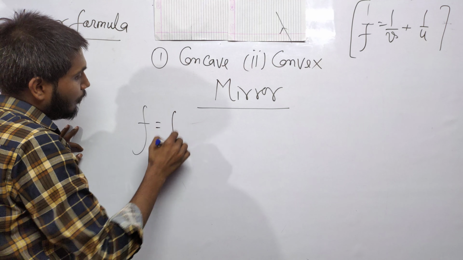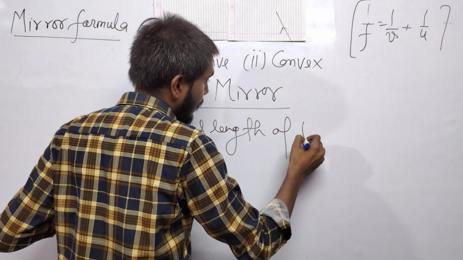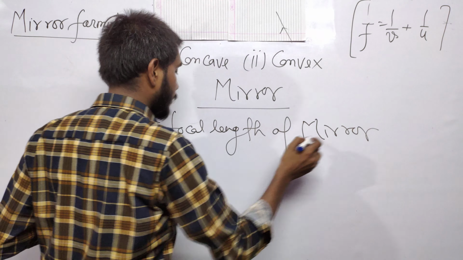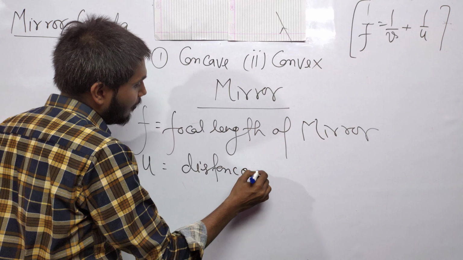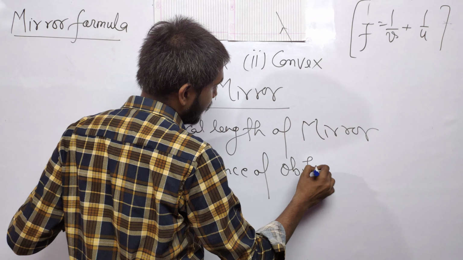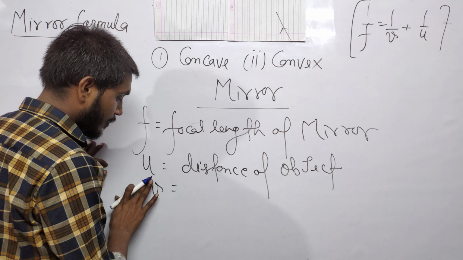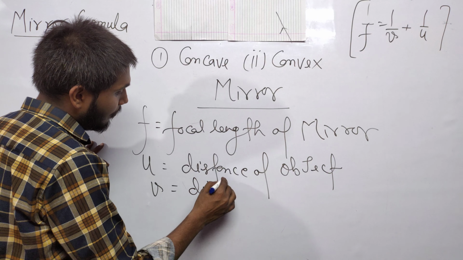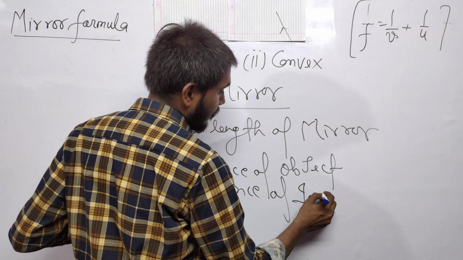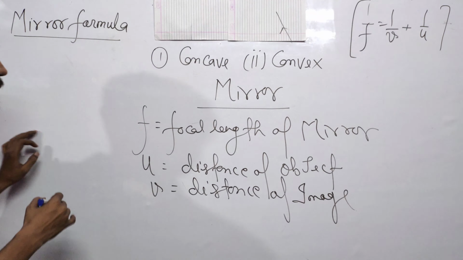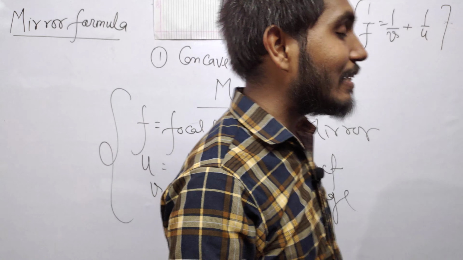And f is the focal length of the mirror, u is the distance of the object from the mirror, v is the distance of the image from the mirror. Okay beta, we'll derive it for the concave mirror. Let's see, my dear students.